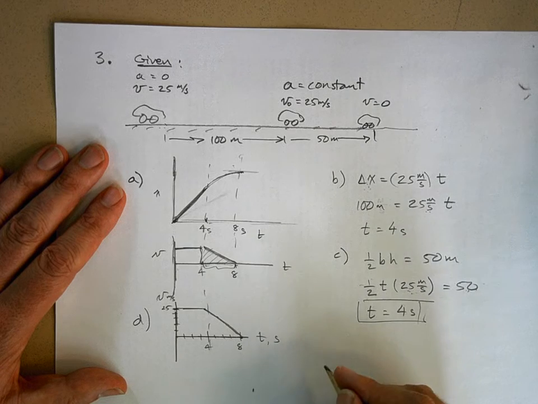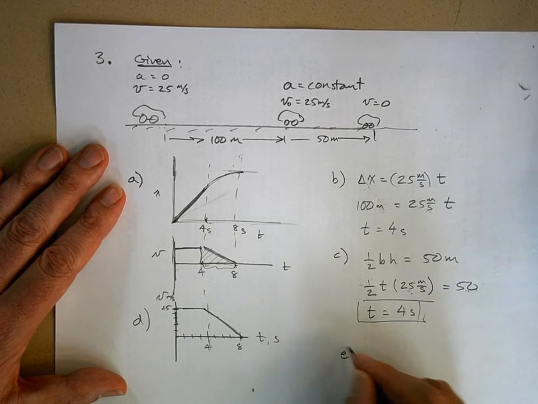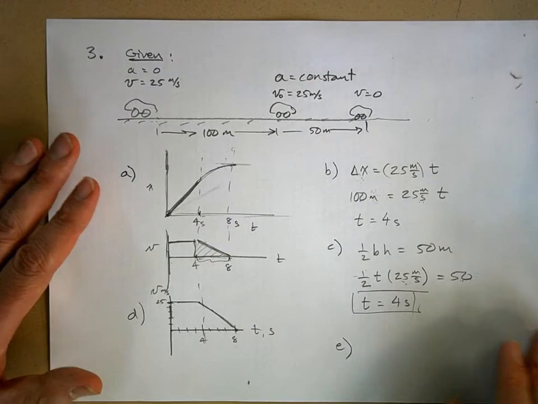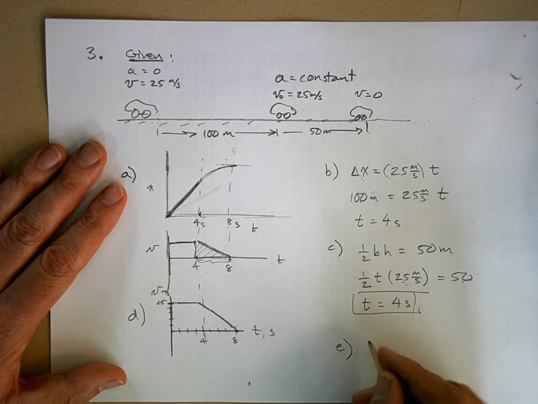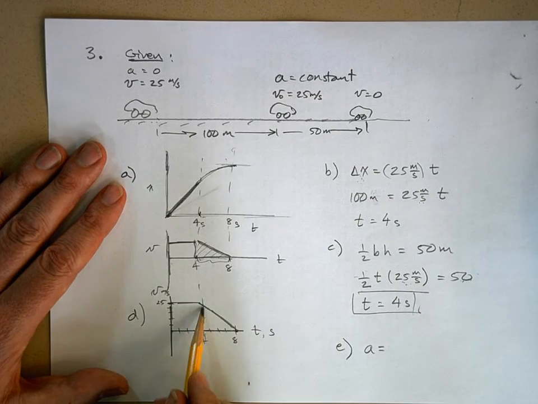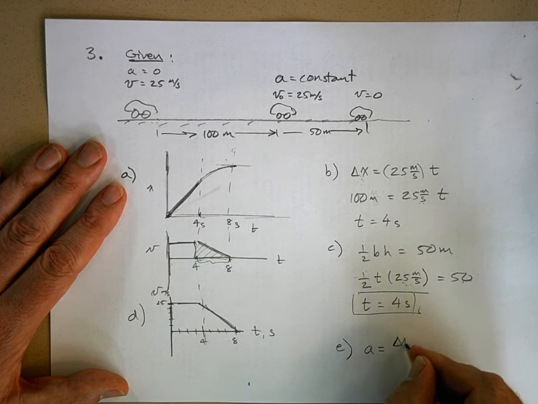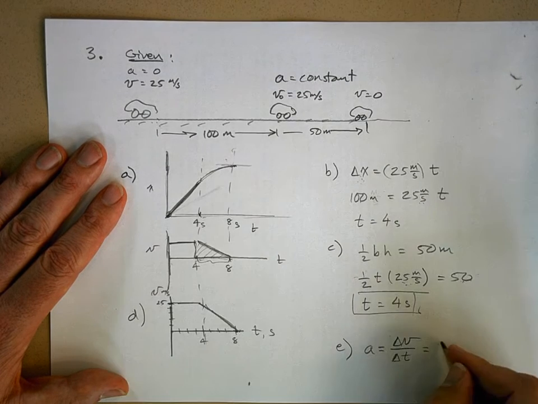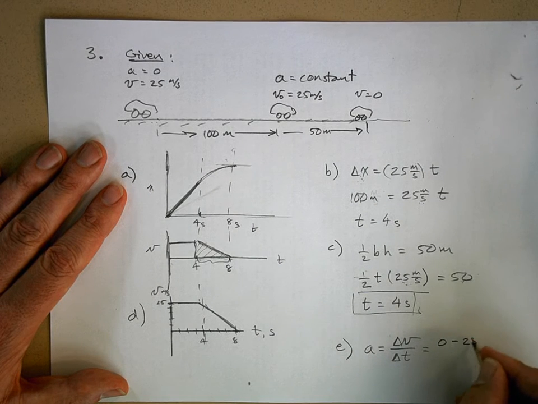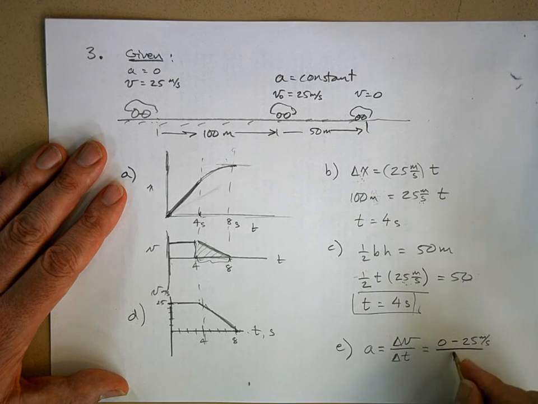And then part E, it says, what acceleration is provided by the brakes? How do you know? Well, acceleration is the slope of this line, which is delta V over delta T. Well, the final velocity is 0 minus the initial velocity of 25 meters per second, divided by a delta T of 4 seconds.